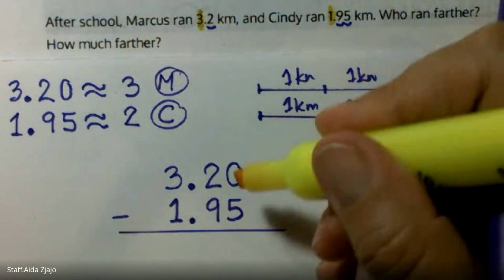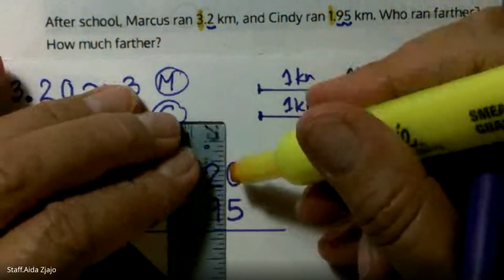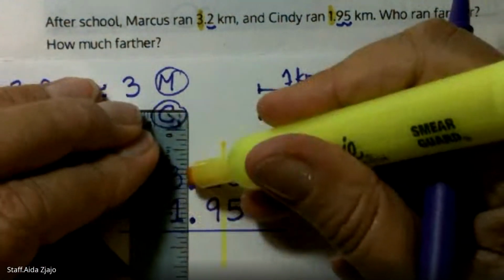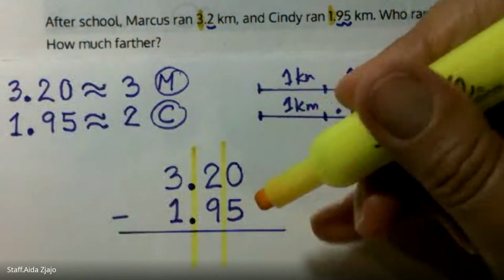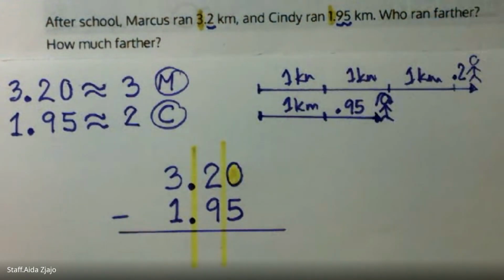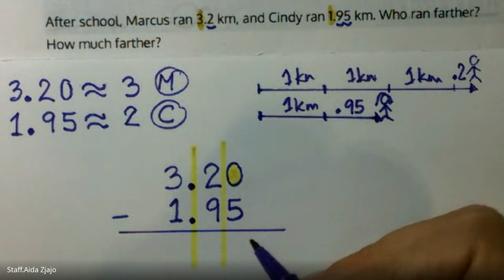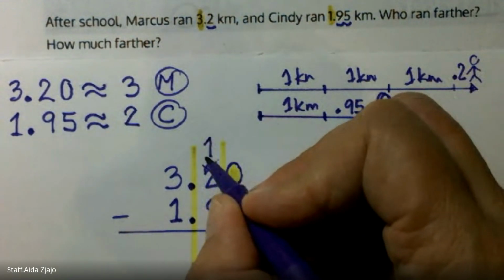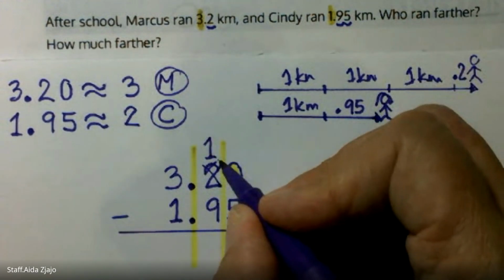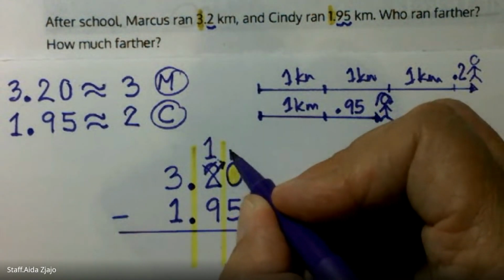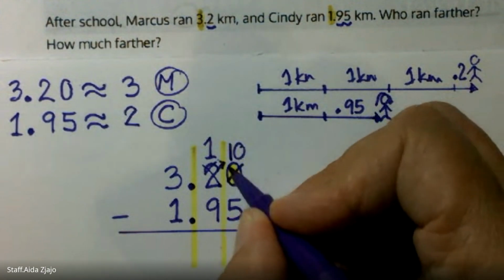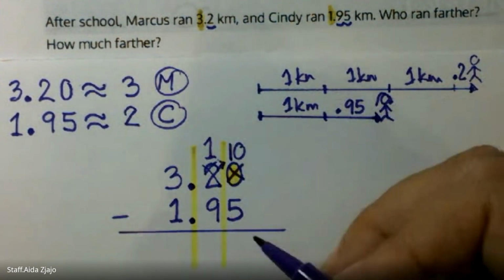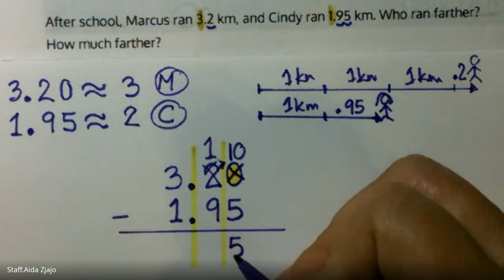So now let's draw lines. I have 0 hundredths and need to give away 5, so I can't. I have to regroup. I have 1 left, and that will make me a 10. So I will have 10 hundredths minus 5 hundredths is 5 hundredths.